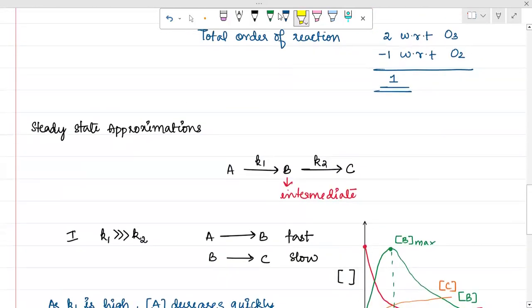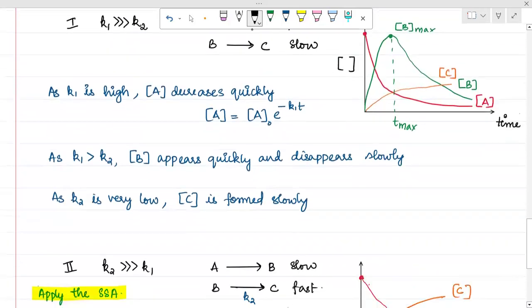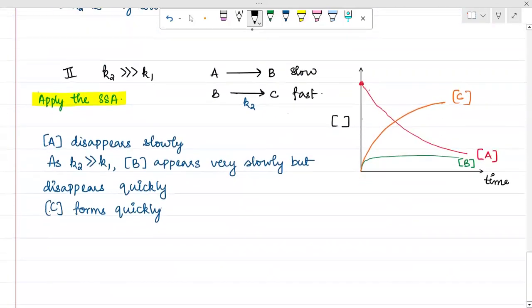That is a heading, SSA. What is steady state approximation? You look at the graph corresponding to B, where the moment B is formed, it disappears.